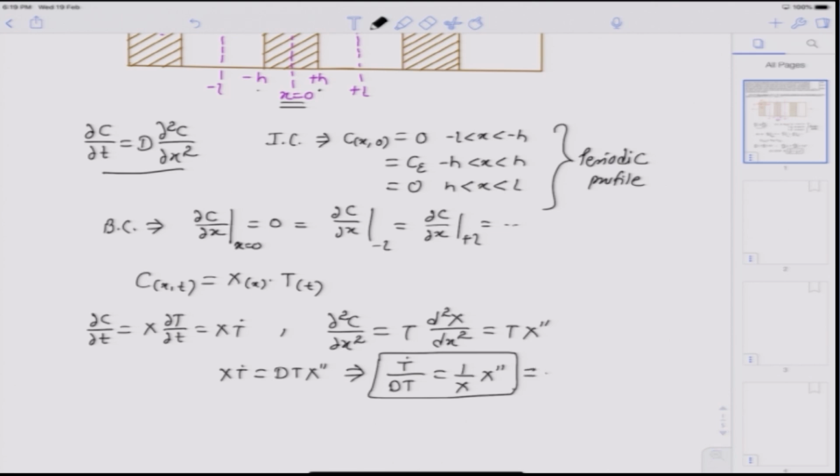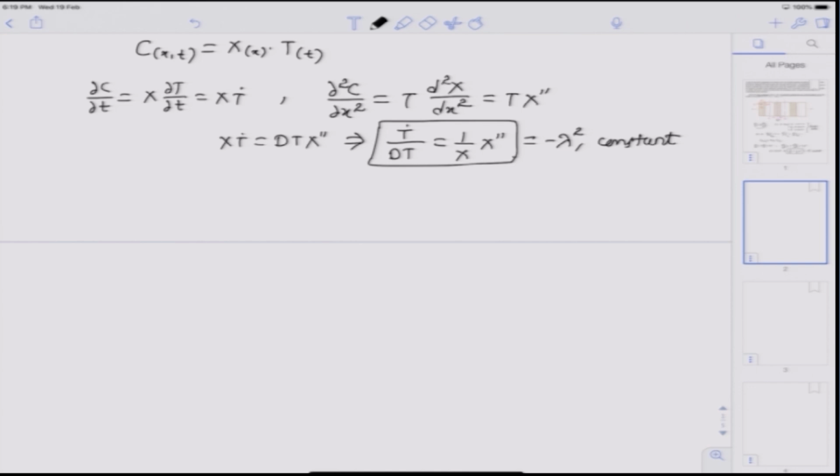Let us denote that constant as minus λ². So, we get two individual differential equations, one for T and one for X. We can write T dot plus λ² D T equal to 0 and X double prime plus λ² X equal to 0.